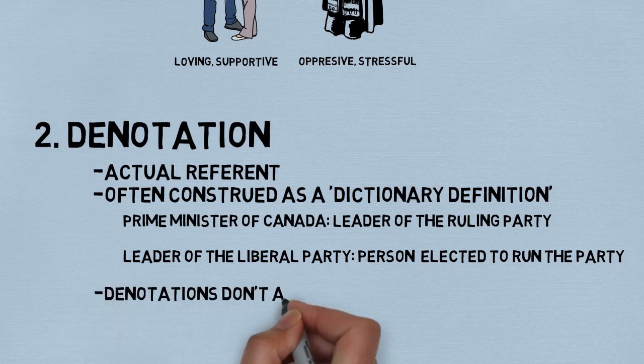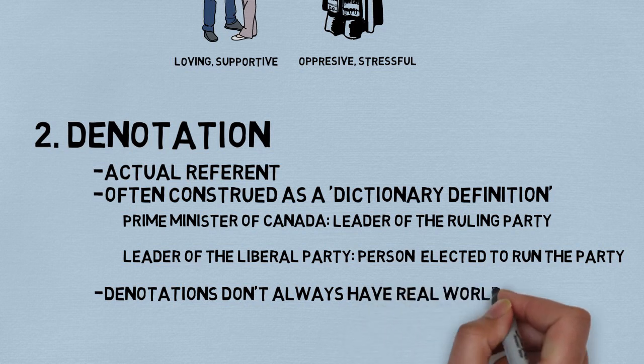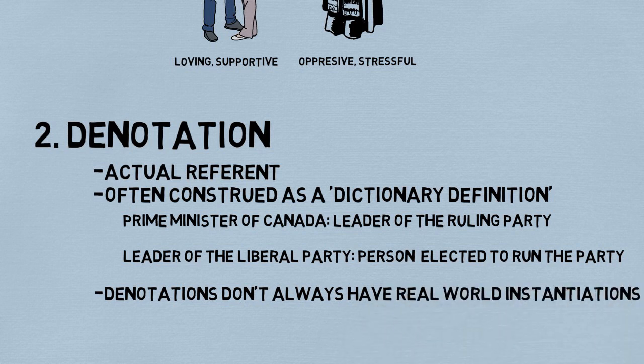Similarly, terms like unicorn have a denotation, which is an equine or horse-like being with a horn, but don't actually exist in real life. Unless they do, in which case, send me some proof, because I think we're onto something.